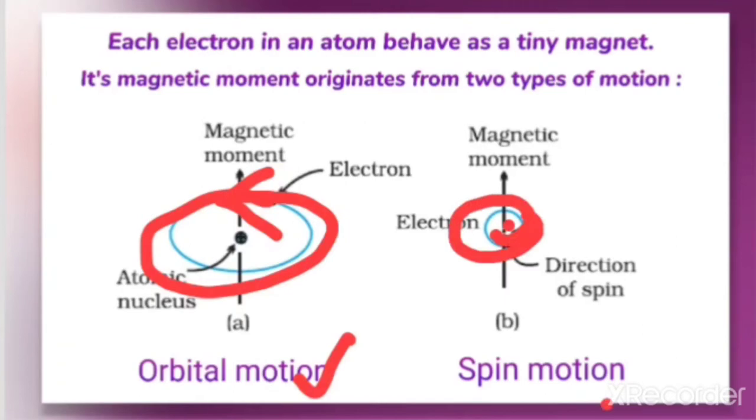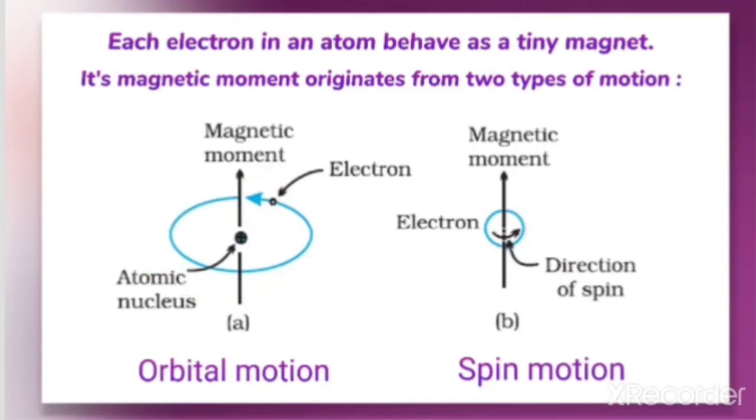So the motion of the electron around the nucleus is called orbital motion, and its spin around its own axis is called spin motion. We can say that the magnetic moment originates from these two types of motion of the electron, the orbital motion and the spin motion.